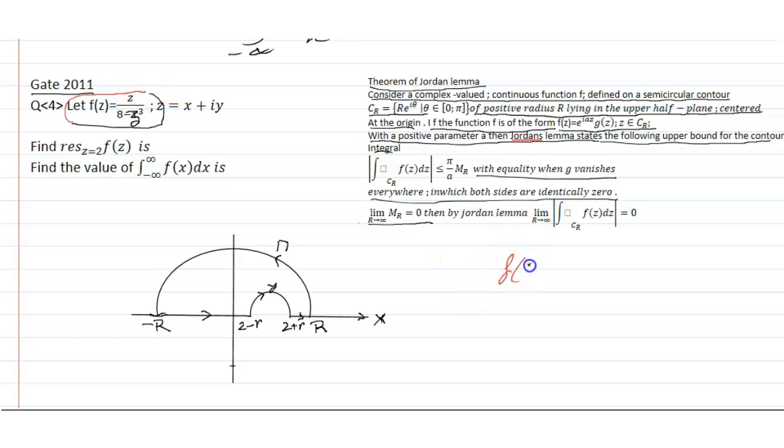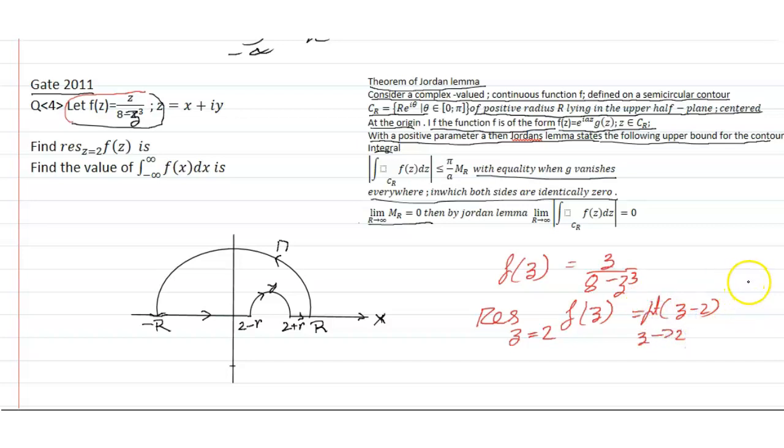So whatever I get, f(z) is equal to z divided by 8 minus z cube, and I have to find the residue at z equals 2. Residue is the limit z tends to 2 of f(z) into z minus 2, which is z into (8 minus z cube), and z minus 2 also, divided by z divided by minus (4 plus z square plus 2z).